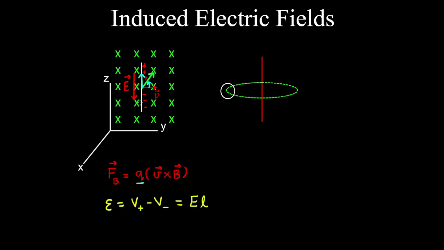So therefore when electromagnetic equilibrium is reached, where the electric force on a charge is balanced by the magnetic force, we have the charges cancelling, and we can write the electric field as the speed of the conductor times the magnetic field times the length of the wire.